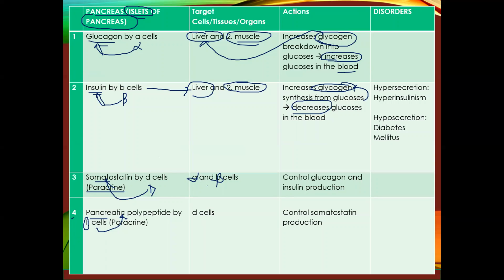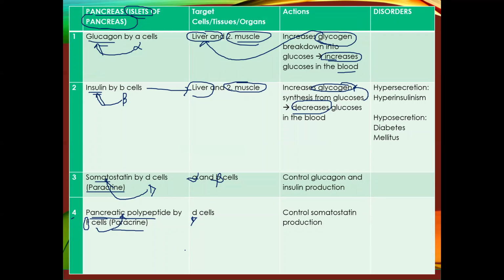So it's affecting alpha and beta cells. The F cell produces pancreatic polypeptide, and this is also another paracrine hormone because it is actually affecting the delta cell. So the delta cell is the target for the pancreatic polypeptide. So this is called a paracrine hormone.